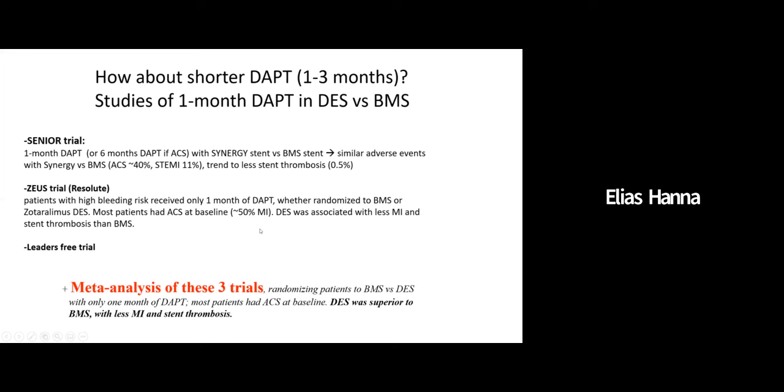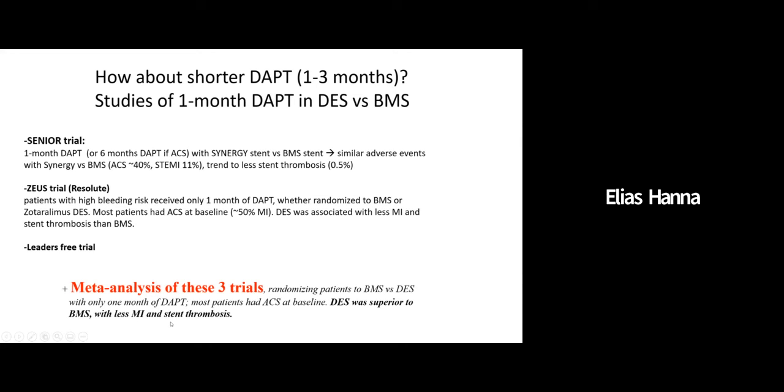Basically, you have the same events after stopping DAPT at 1 month with BMS versus DES. Actually, you had more stent thrombosis with bare metal stent. And meta-analysis of those 3 trials showed that DES was actually superior to BMS when you only use 1 month of DAPT, with less MI and less stent thrombosis.